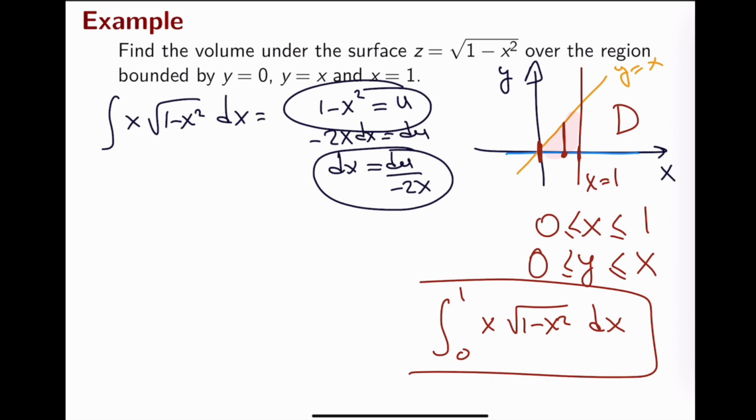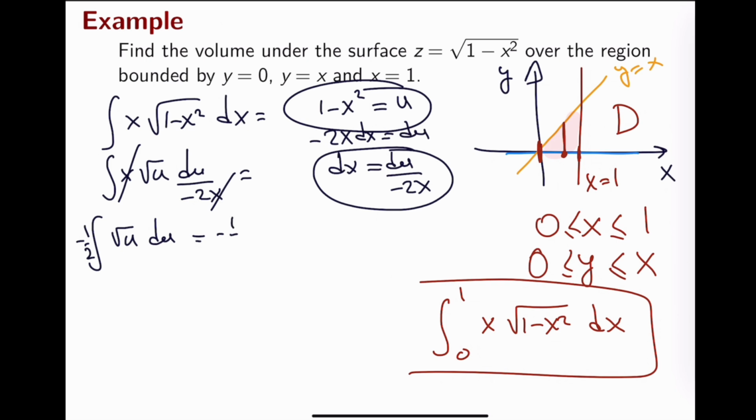We come back to the integral, and the integral will be x times the square root of u times dx, which is du over minus 2x. The x and x cancel, and so this is the integral of minus 1/2 square root of u du. So we integrate this square root of u, that will be minus 1/2 u to the 3/2 divided by 3/2.